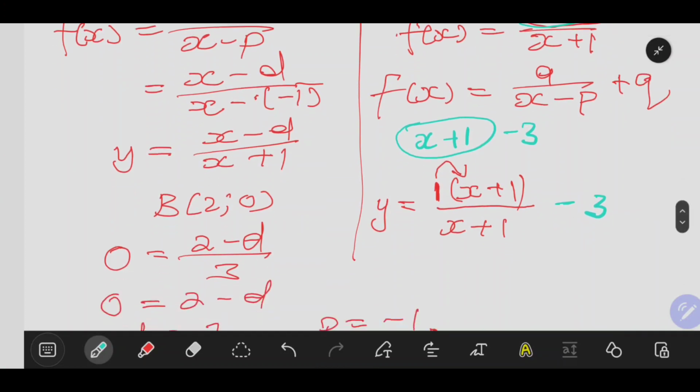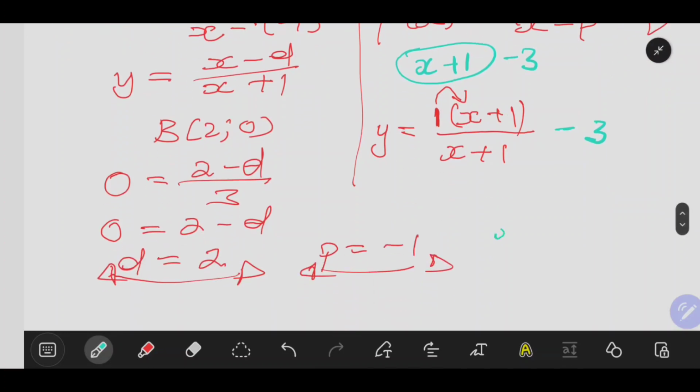Then in this case, we have a fraction. If you have a over b minus c, you have to find the LCD, which will be b. Here we divide this one by x plus 1, and then this one and this one will cancel out.